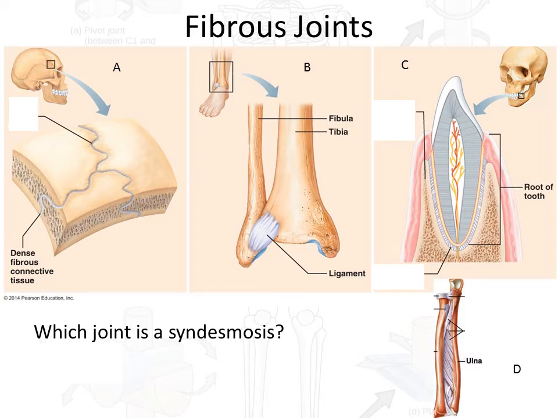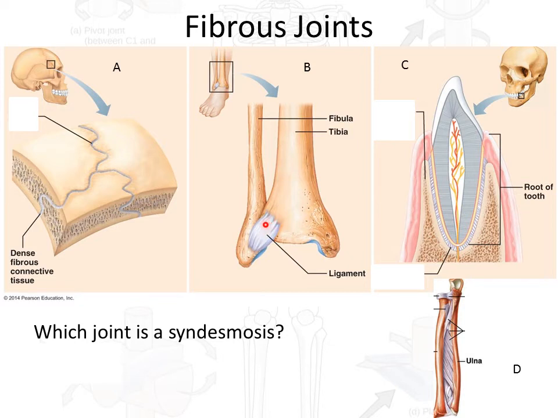If you had to guess, which one would you think was the syndesmosis joint? A is looking at the joints between cranial bones, so that's obviously not syndesmosis. That's going to be the suture type. And the one here with the tooth is the gomphosis. And so then we have two examples of syndesmosis joints. One is the distal tibiofibular joint.